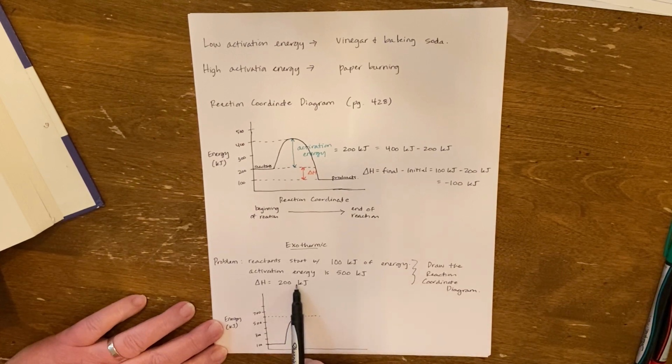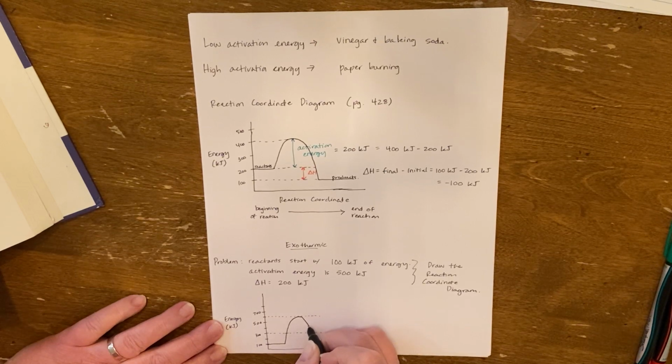And then my delta H is 200 kilojoules. Now this is a positive, so my final must have been greater than what I started with. So I gained 200 kilojoules of energy. So my diagram should look something like this.